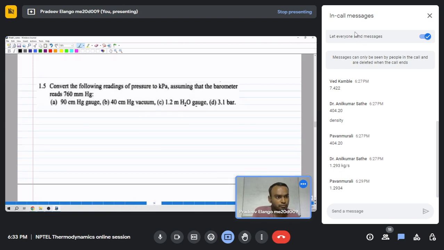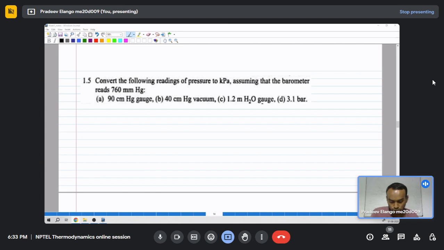In this problem, we have to convert the readings of pressure to kilopascal. Assume that the barometer reads 760 mm Hg, that is mercury. The first one we have is 90 centimeters of mercury. So the pressure, we know, can be written as rho into G into H. Rho is density of the fluid, G is acceleration due to gravity, and H is the height of the manometric fluid.